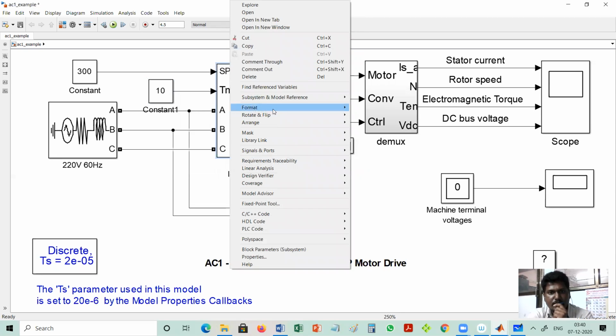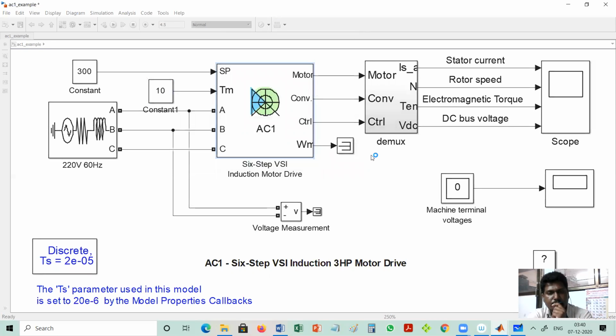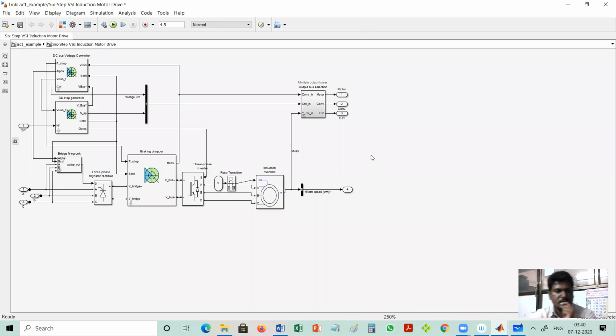Right click on that, then select the option mask. Under that select look under mask, so you will open that particular block. This is the block.